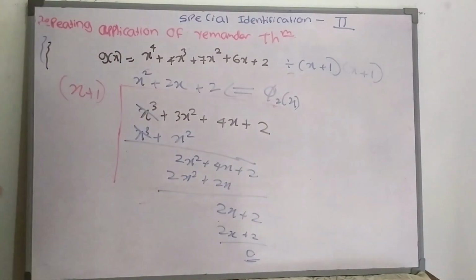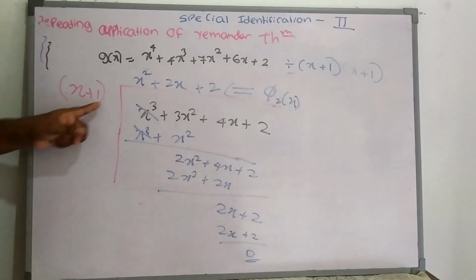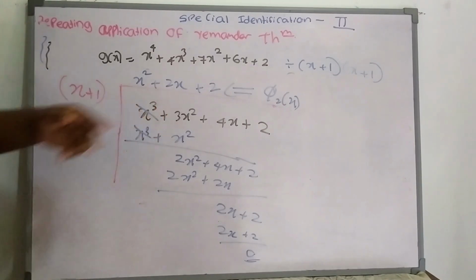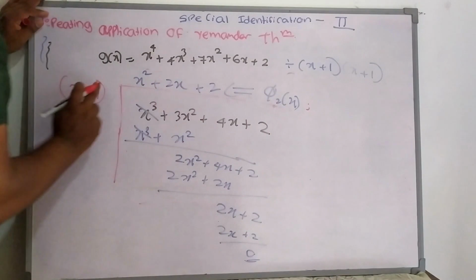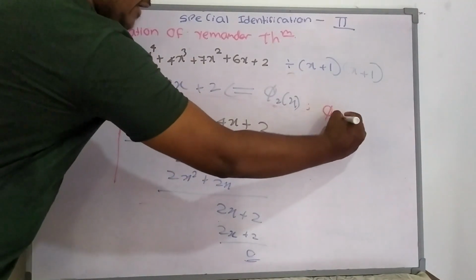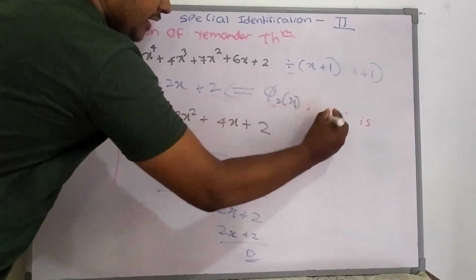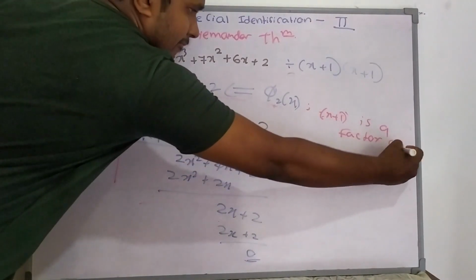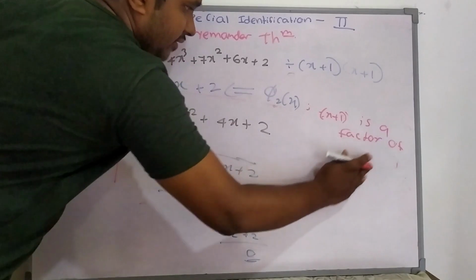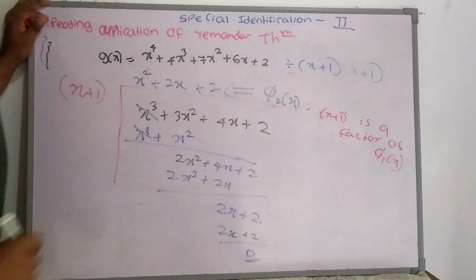So what is happening? Again the remainder will be 0, which means x plus 1 is a factor of this x cubed expression, and then of the whole g(x). Before that you have to write psi 1(x), so x plus 1 is a factor of g(x), psi 1(x), right?